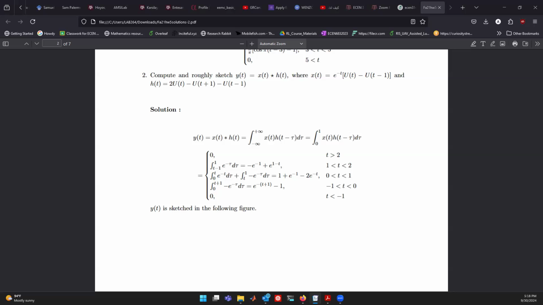This part is minus exponential minus t plus 1, so minus exponential minus t plus 1, plus this part will be exponential minus 1, minus exponential minus t, minus t, which is 1 plus exponential minus 1, those are just constants, minus 2 exponential minus t. And this is when t is between 0 and 1.